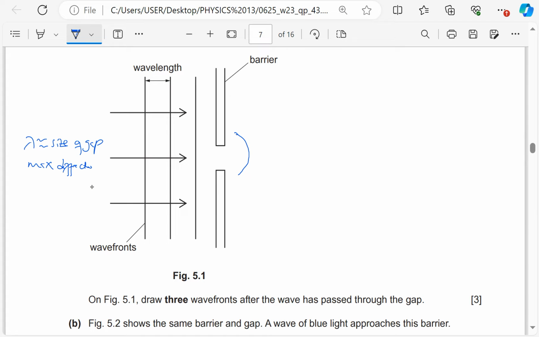Because the wavelength does not change when diffraction occurs. The frequency does not change when diffraction occurs. The speed does not change when diffraction occurs. So for the second one, I must be very careful to ensure that it is at the same position. And for the third one, okay.